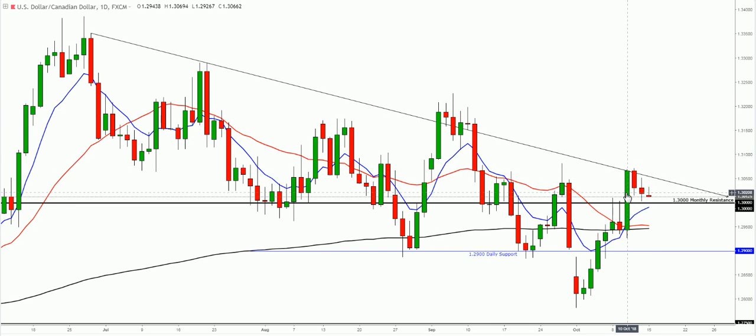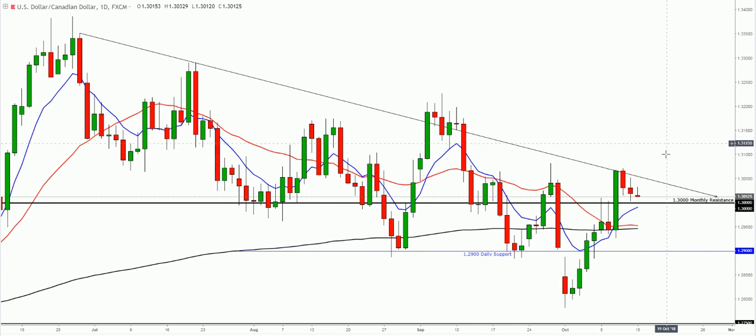So this was mid last week that we saw price rocket up off the moving averages, causing them to cross to the upside, and since we've been retracing back towards this monthly level. So it does look like here on the daily we are looking bullish, given the moving averages and this monthly support.